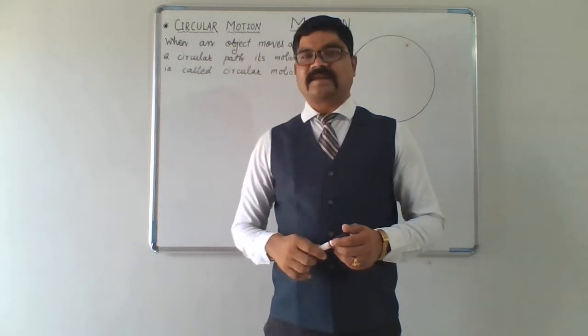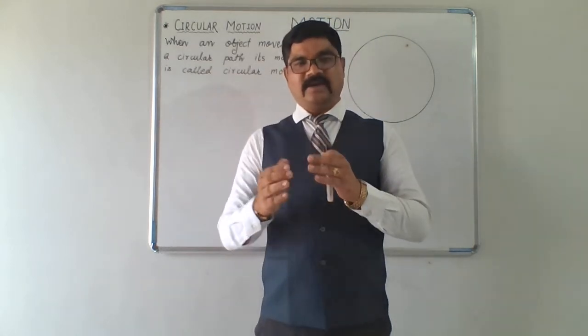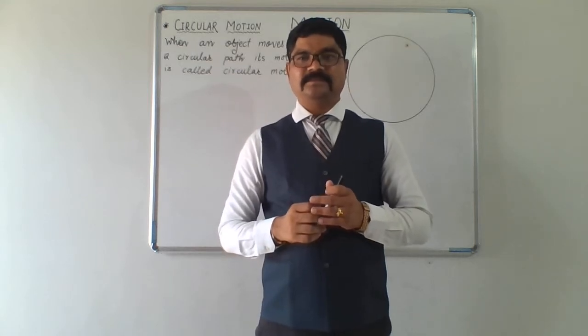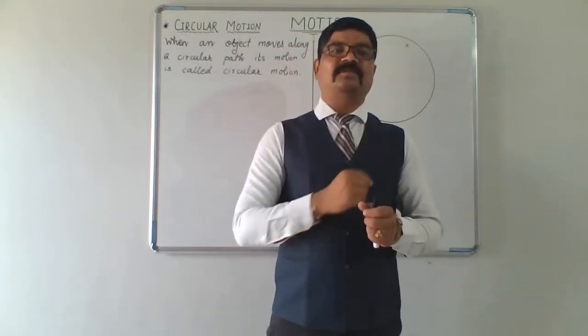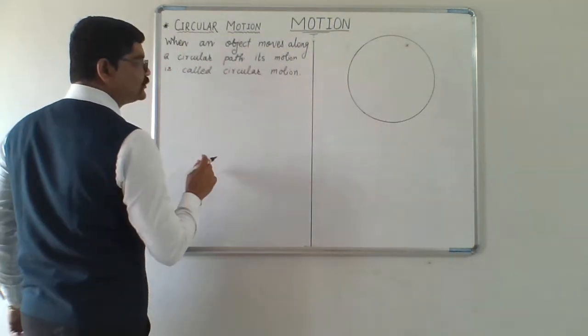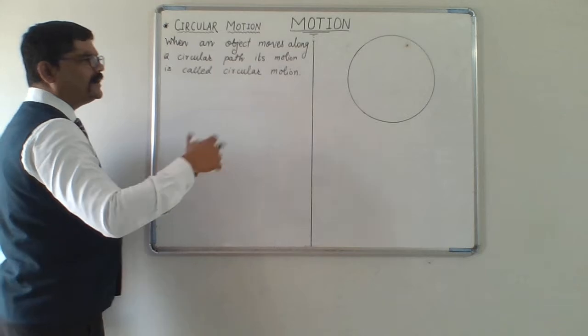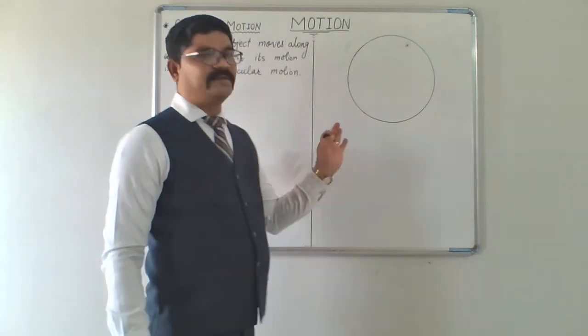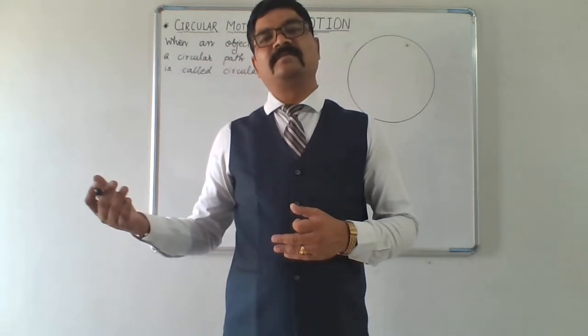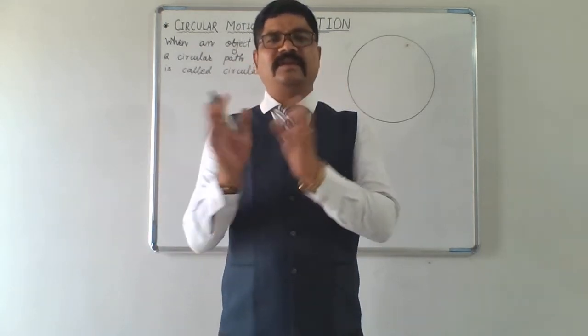If the distance covered along the circular path is equal in equal intervals of time, then we call it uniform circular motion. And if the distances covered are not equal, then we call it non-uniform circular motion or only circular motion.